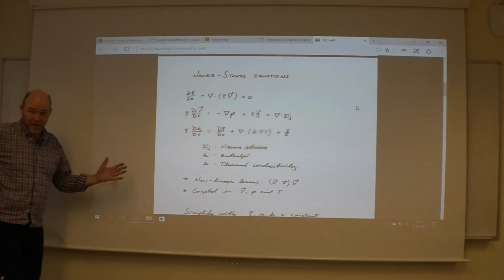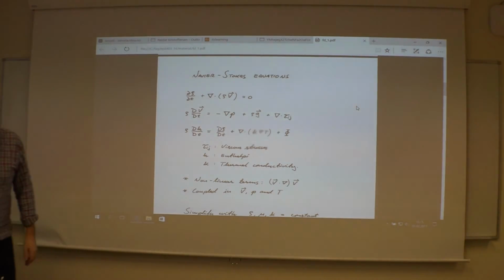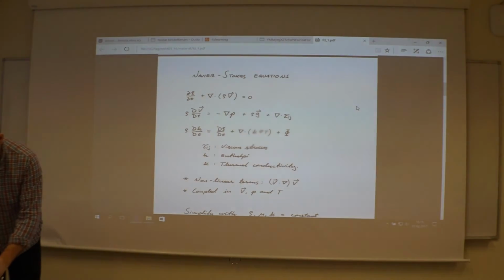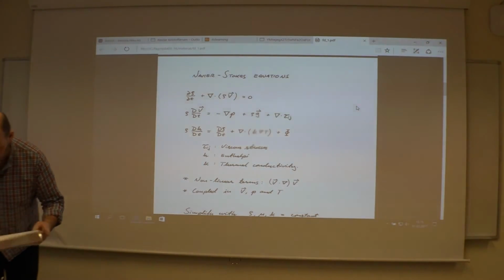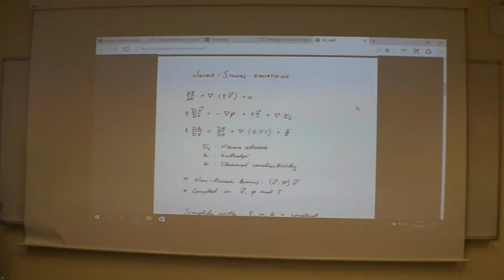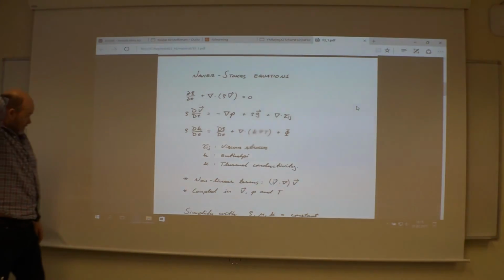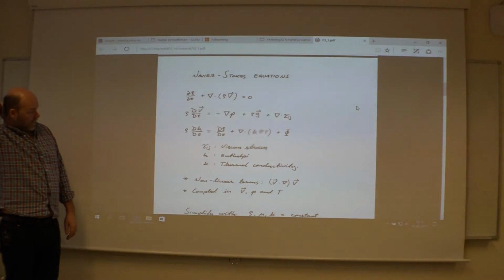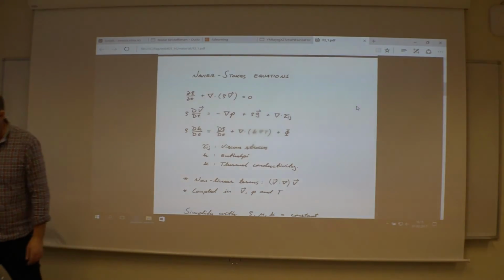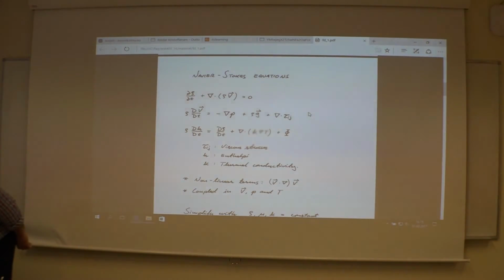So we are missing some equations here. The system is clearly not closed. So to close it, you're going to need some state equations, ideal gas law or something, to close the set, to have enough equations for your unknowns.